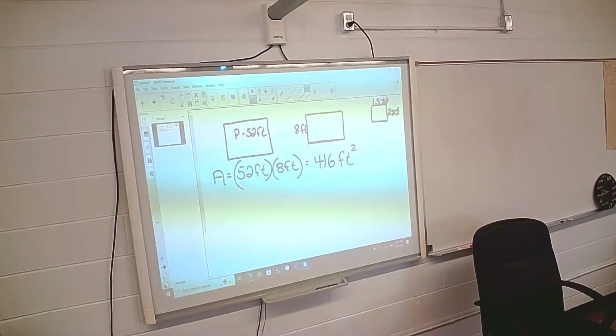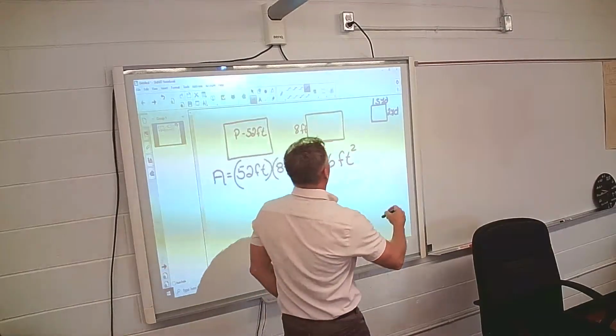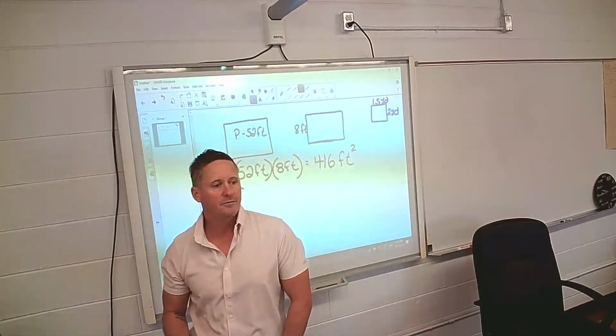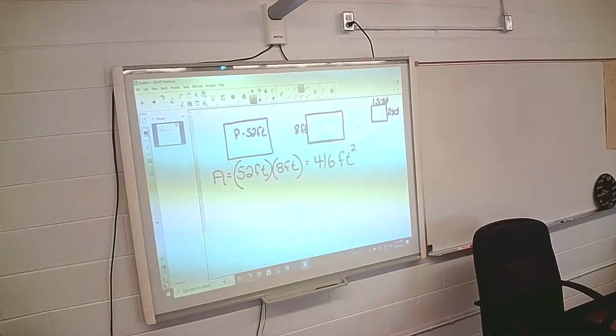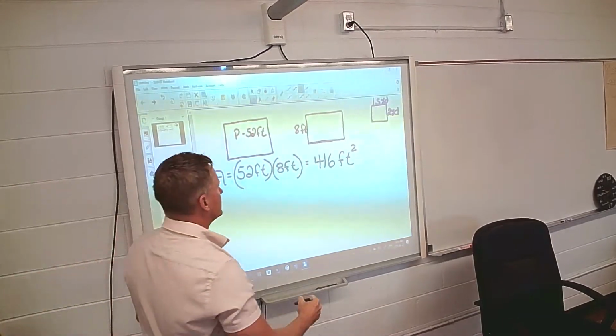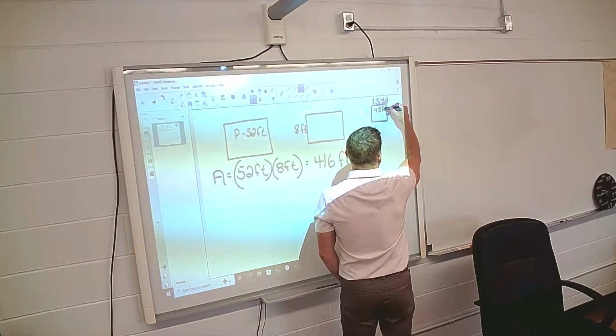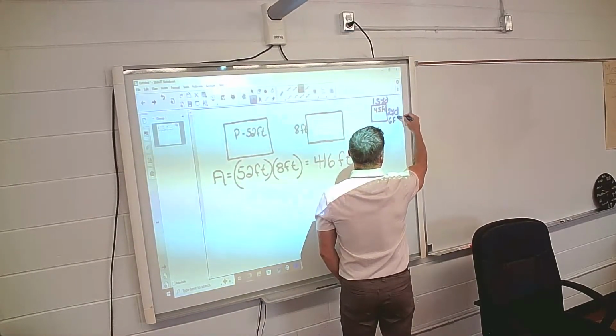Different units. Okay, so it's going to be easier if we change the units of the window to feet. How many feet in a yard? 3. So that would make this 4.5 feet by 6 feet.